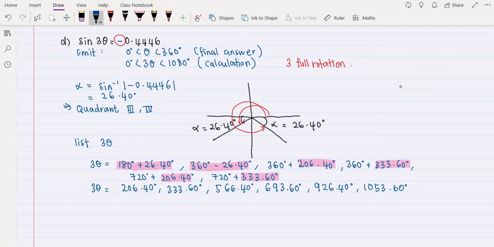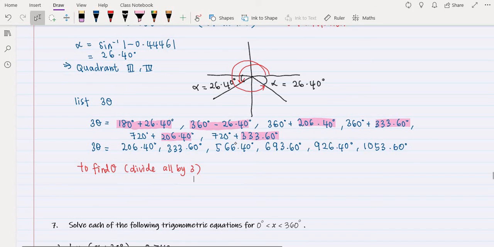That is all the angles for our 3 theta. So take note here, what we have to do next is we need to find theta. So we need to divide all by 3.